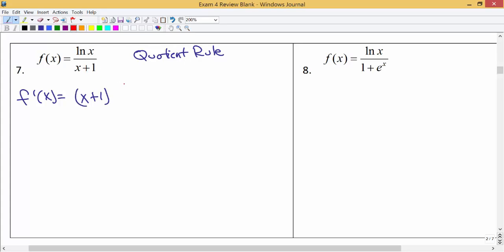So the derivative of the ln of x is just 1 over x, minus the denominator, the numerator as is, times the derivative of the denominator. It's pretty simple. X plus 1, the derivative of that, of course, would just be 1. All of that over the denominator squared.